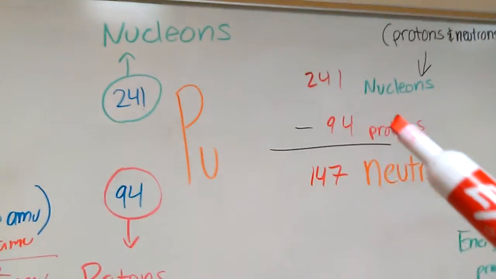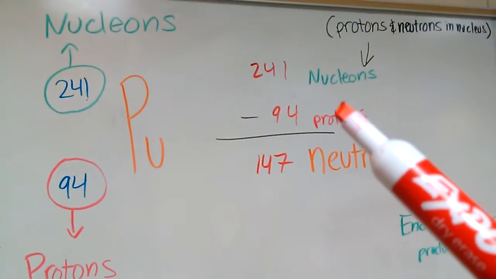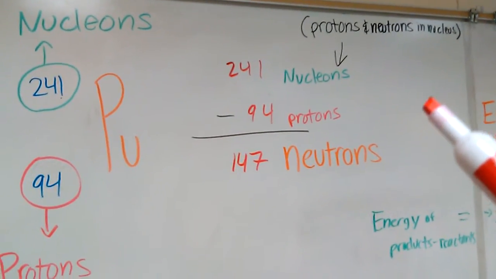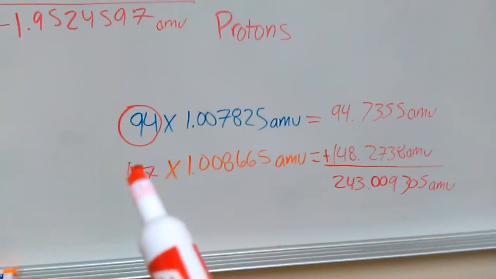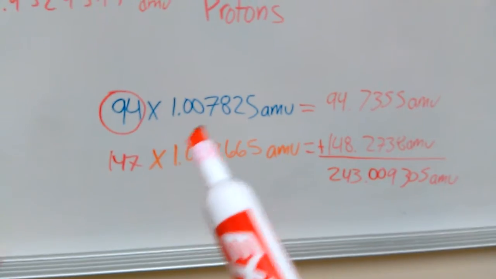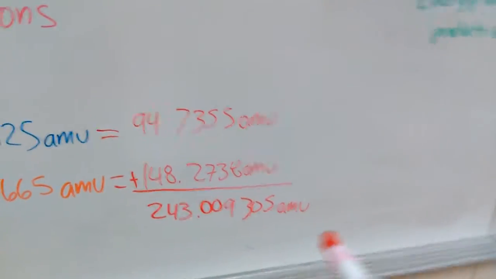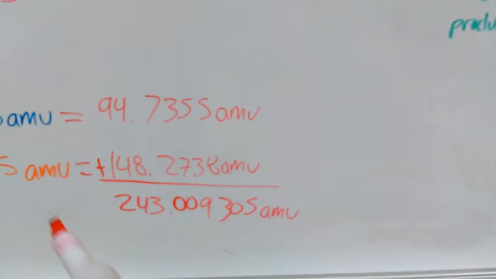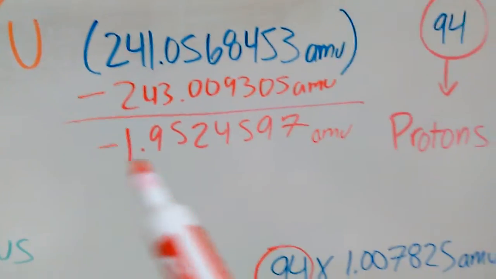We subtracted our nucleons minus our protons to get our neutrons. Mind you, our nucleons are protons and neutrons in a nucleus. From there, we multiplied our protons and our neutrons times our atomic mass unit. There, we got this equation here, added everything up. Once we added everything up, we found the difference here.